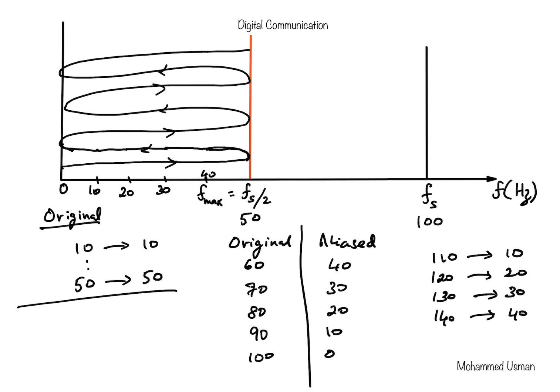Because, for example, for a signal of 60 Hertz, the Nyquist criteria says that the minimum sampling rate should be 120. But we are sampling only at 100 rather than 120.